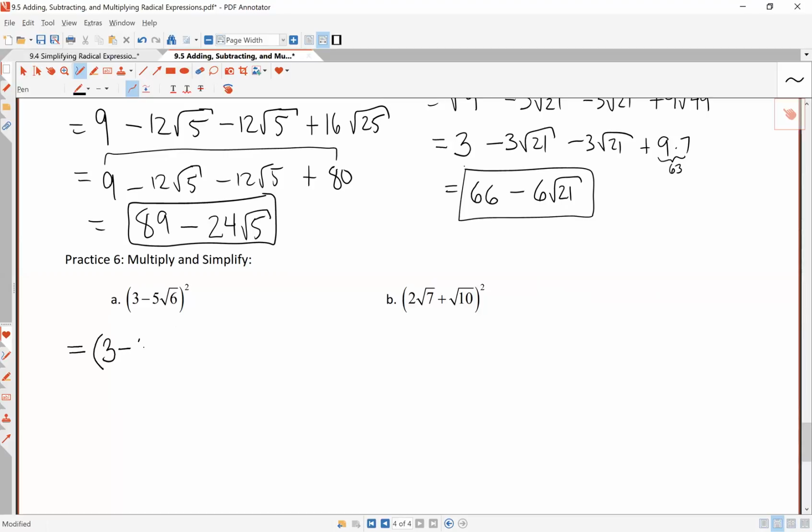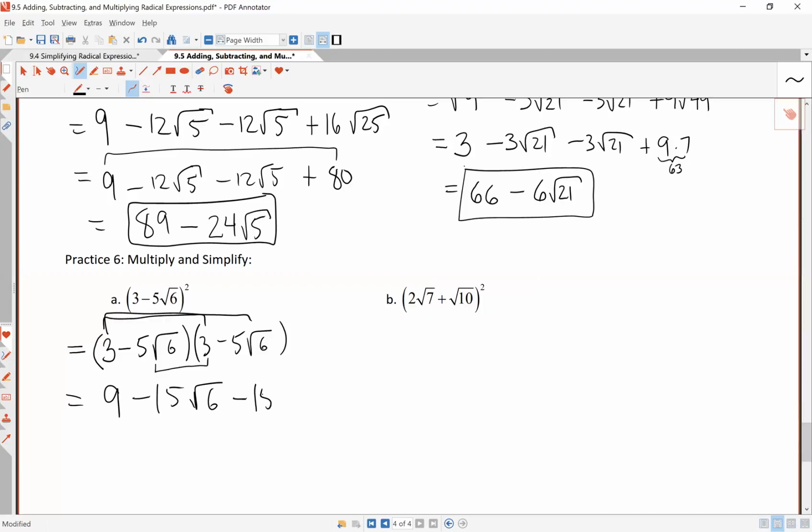The square on the binomial says to repeat the binomial twice and multiply by FOIL. 3 times 3 is 9. 3 times negative 5 root 6 is negative 15 square root of 6. Negative 5 root 6 times 3 is another negative 15 square root of 6. And negative 5 root 6 times negative 5 root 6 is positive 25.